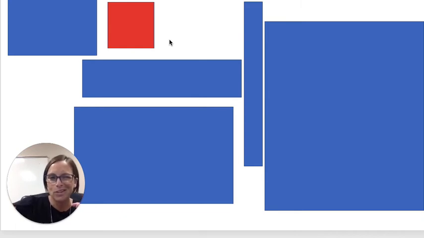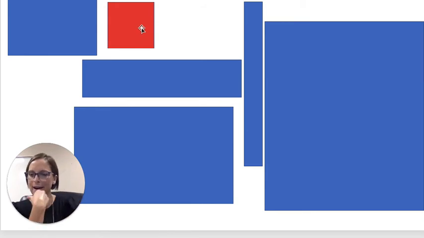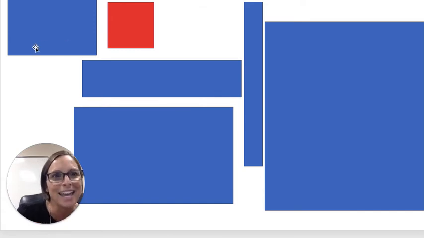Now, there is a difference between this rectangle and this square. What do you notice? Did you say that two of the sides of a rectangle are longer than two other sides? Yeah, but a square, they're all the same. So interesting.